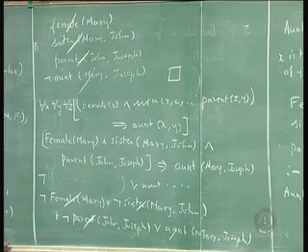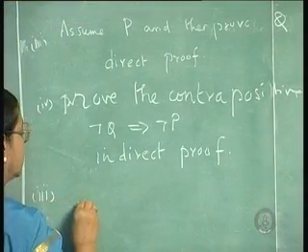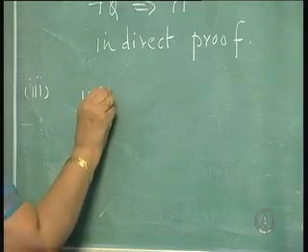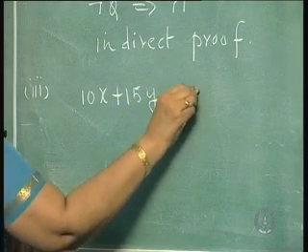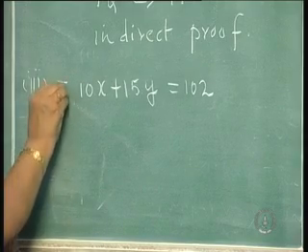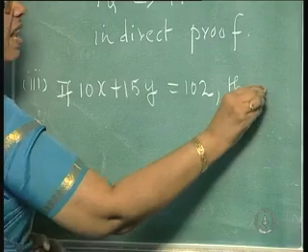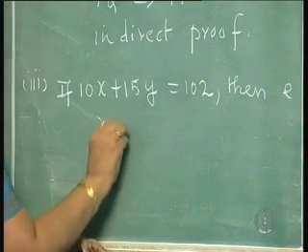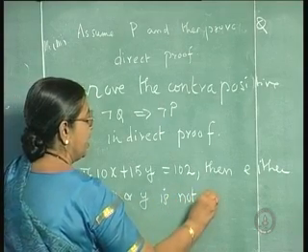Let us take the direct proof. If 10x plus 15y is equal to 102, then either x or y is not an integer.